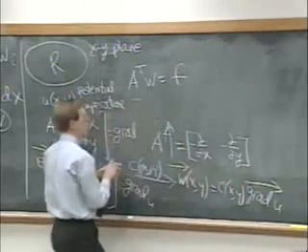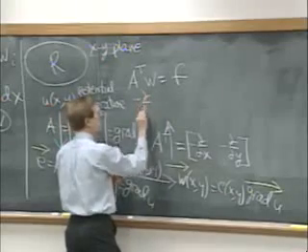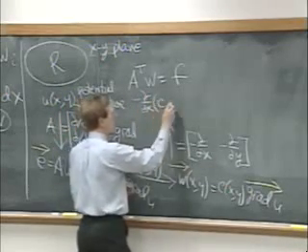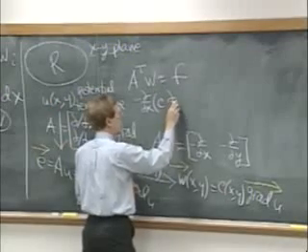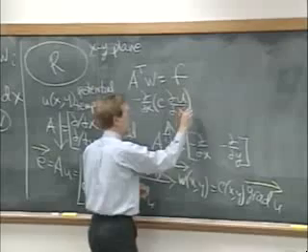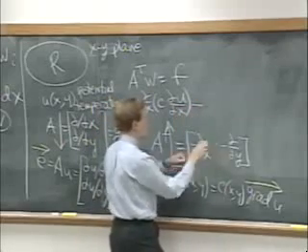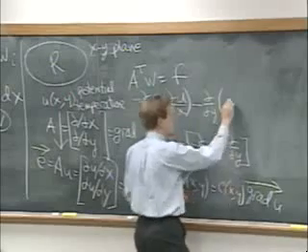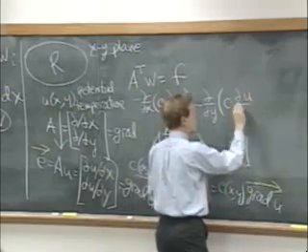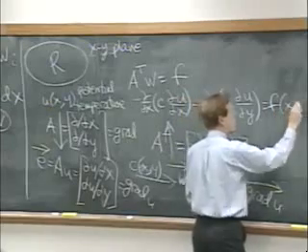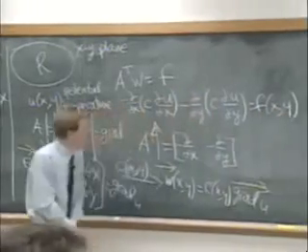You're okay with that? So it'll be minus d by dx applied to c du by dx, the first component, minus d by dy times c times the second component of the gradient, equals f of x and y. These equations take more space now.